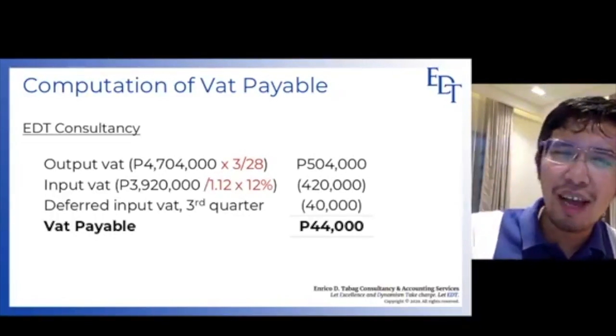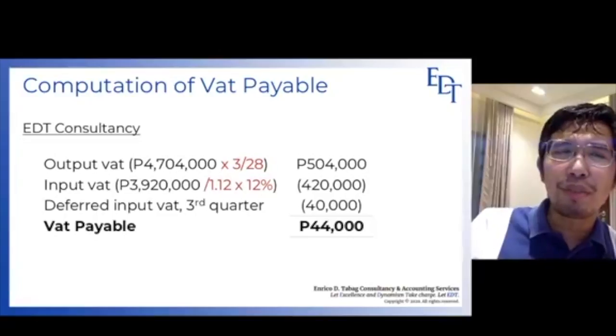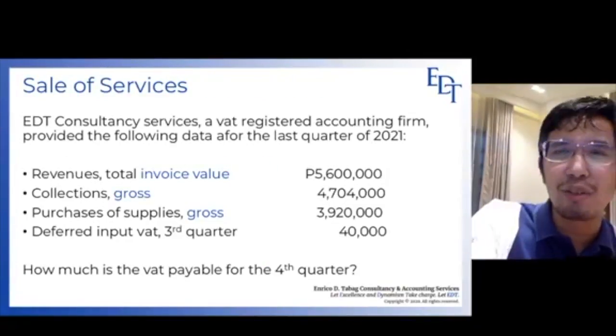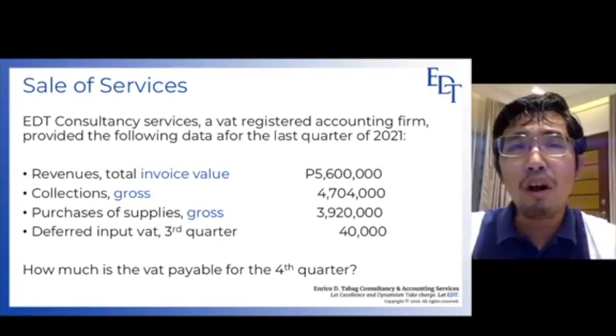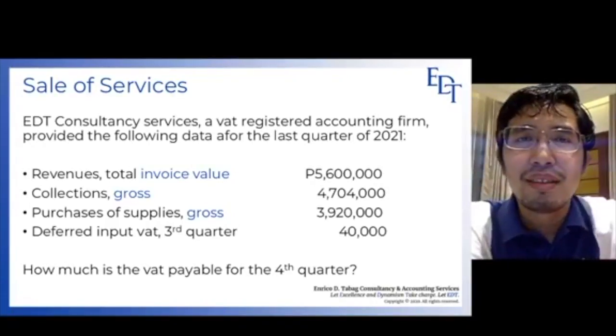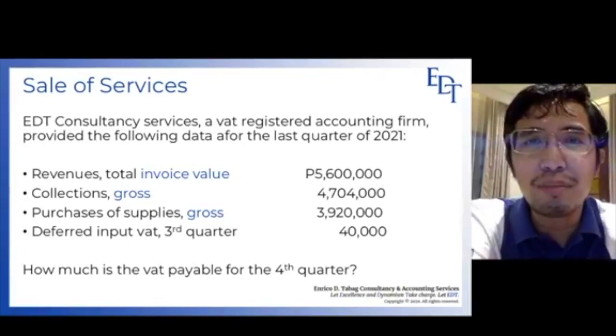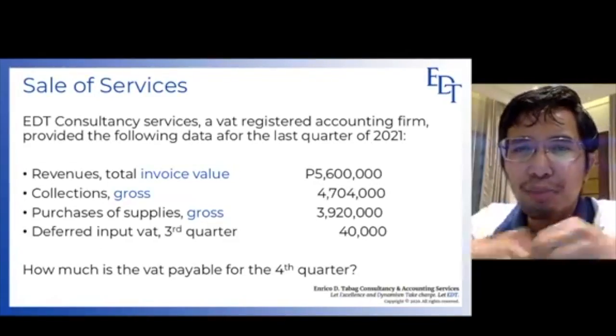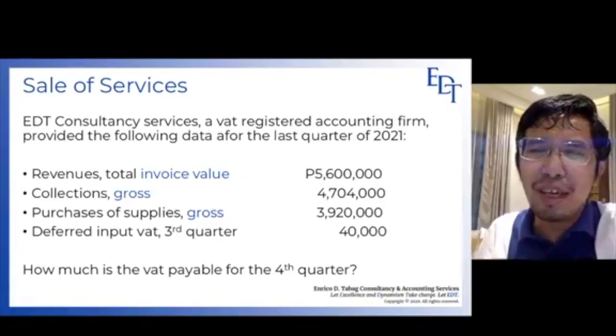And then, input VAT. Pansinin mo yung input VAT mo. Yung kasing input VAT natin nanggaling sa supplies. So, hindi komo yung output VAT mo galing sa collection mo, hindi rin automatic na yung input VAT mo galing lang din sa binayad mo. Ganito yon.